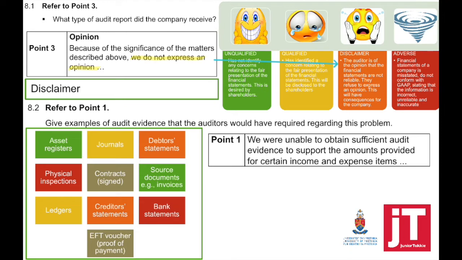Examples of audit evidence are asset registers, journals, debtor statements, physical inspections, contracts that must be signed, source documents like invoices, ledgers, creditor statements, bank statements, EFT vouchers, and proof of payment. These are all examples of audit evidence.